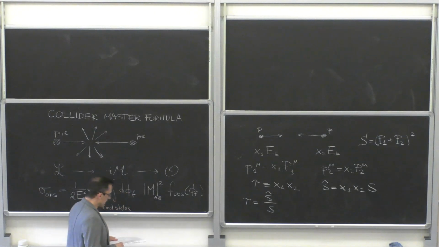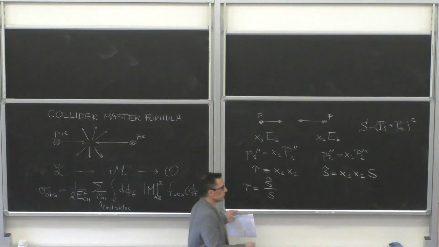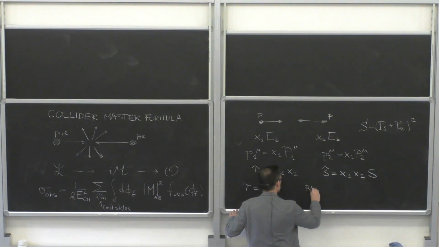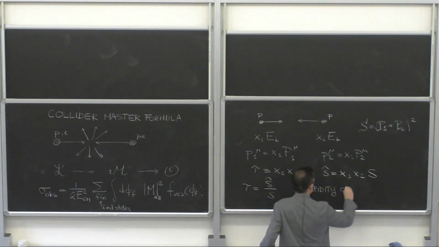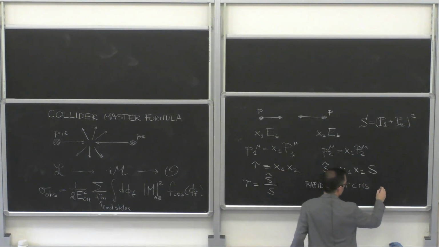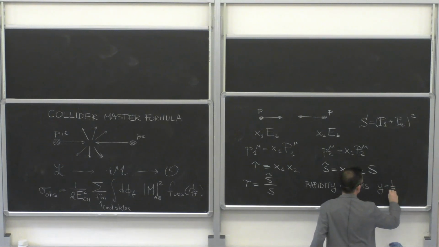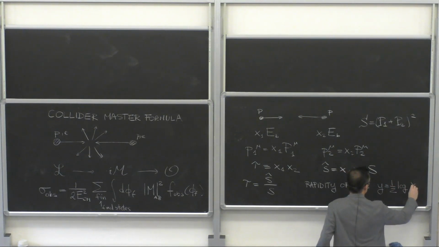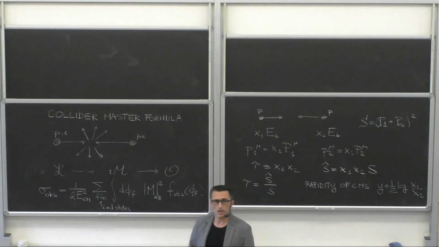And then we also define another quantity, which is called rapidity. I will define two kinds of rapidity. Let me call the first the rapidity of the center of mass, y, which is 1/2 log of x1 over x2. So what is the rapidity? It's basically the boost in the z direction of the center of mass.